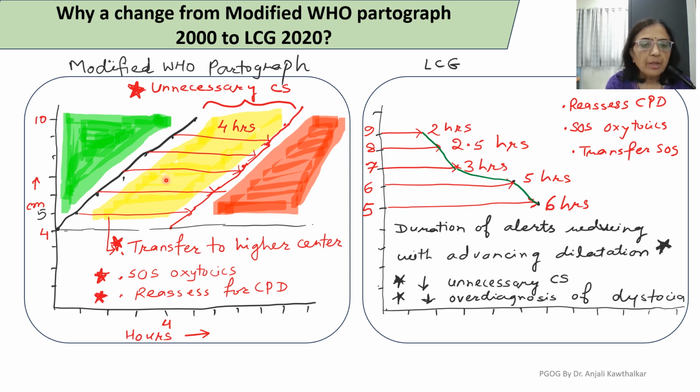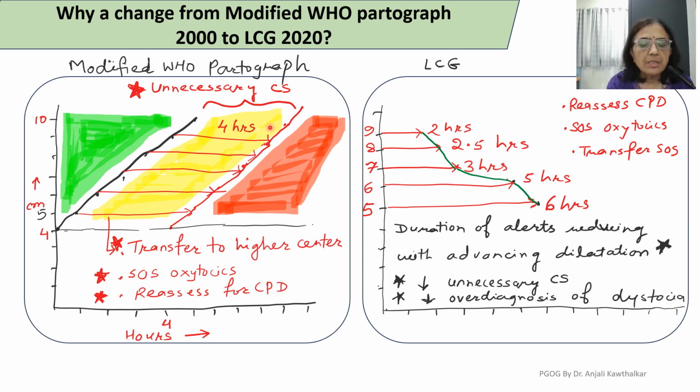But gradually all over the world, obstetricians stopped giving importance to this action line. Action was taken prematurely. Labor dystocia or prolonged labor was diagnosed whenever the cervicograph crossed only the alert line, and the decision to proceed with cesarean section was taken in the yellow zone, which was not originally meant.